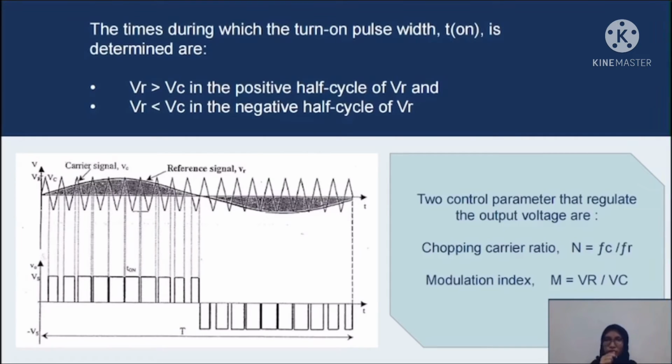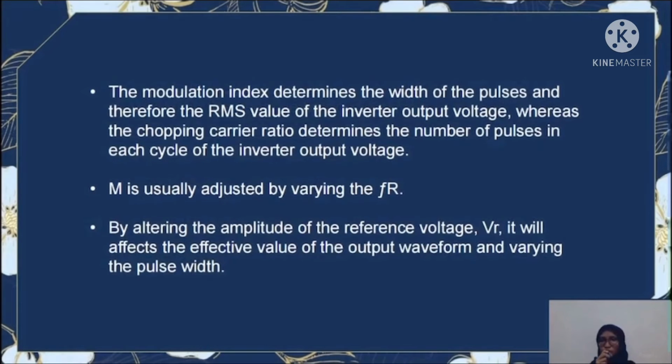As you can see, the two control parameters that regulate the output voltage are the chopping carrier ratio and the modulation index. The modulation index determines the width of the pulse, and therefore the RMS value of the inverter output, whereas the chopping carrier ratio determines the number of pulses in each cycle of the inverter output voltage.